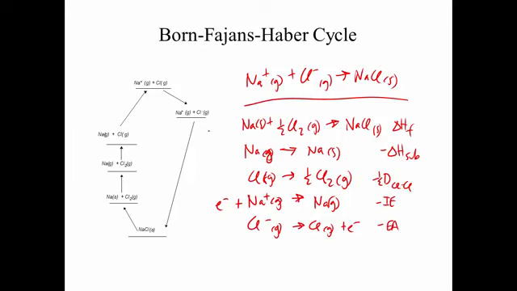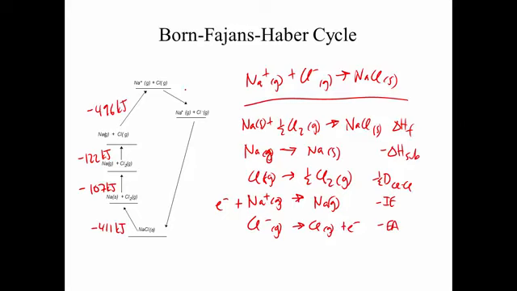Heat of formation is negative 411 kilojoules. The energy of sublimation, the negative of that would be negative 107 kilojoules. The bond dissociation energy, negative 122 kilojoules. The ionization energy, negative 496 kilojoules.